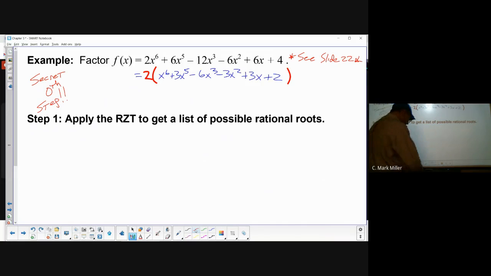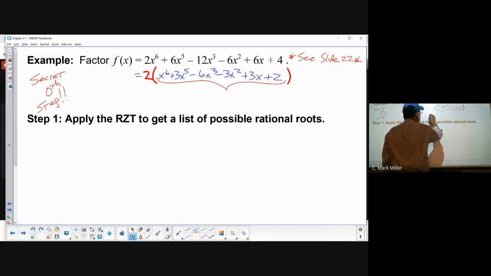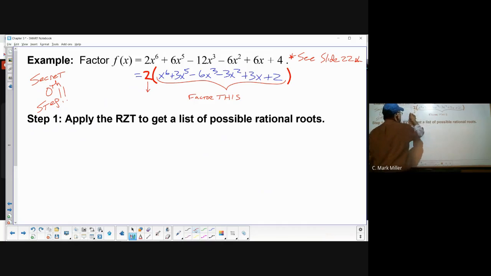We're going to factor this instead, and we're going to carry the 2 through the problem. I'm going to show you how to do that, okay? That may not make sense now. Don't be worried if you don't understand that.